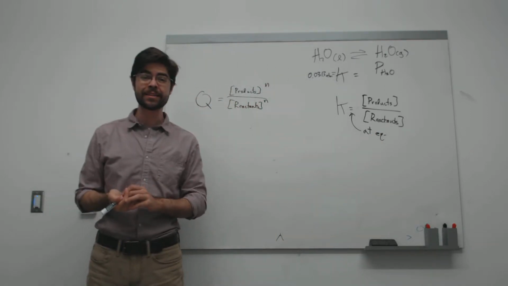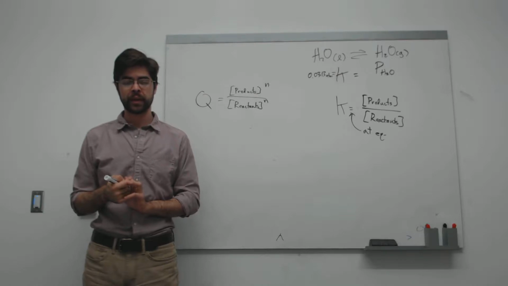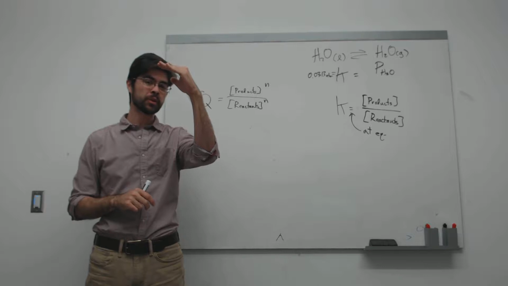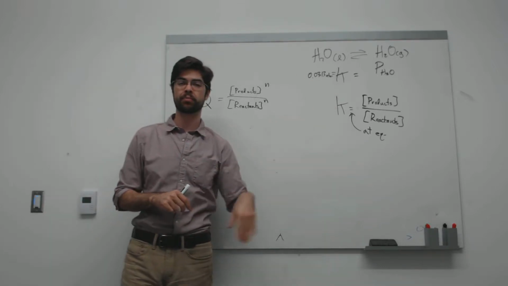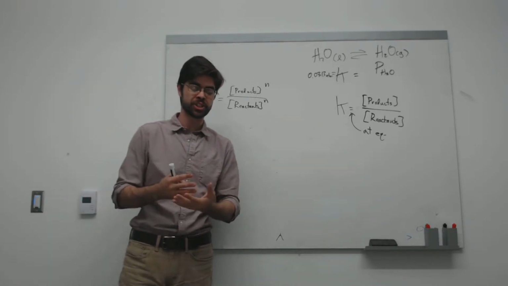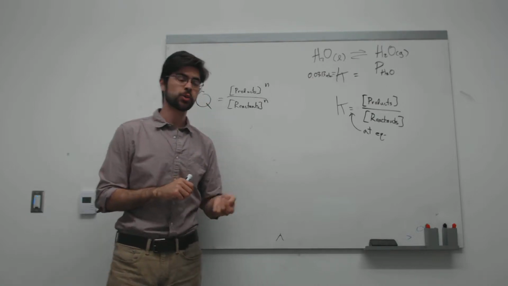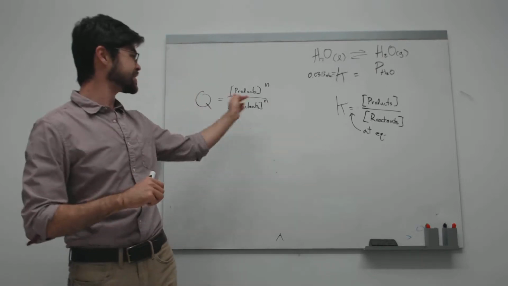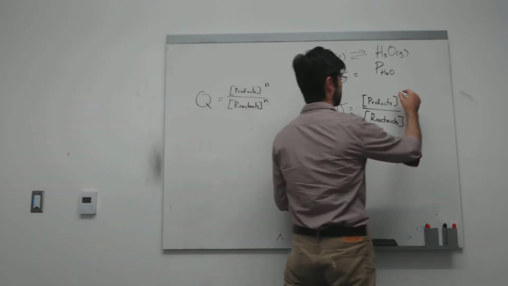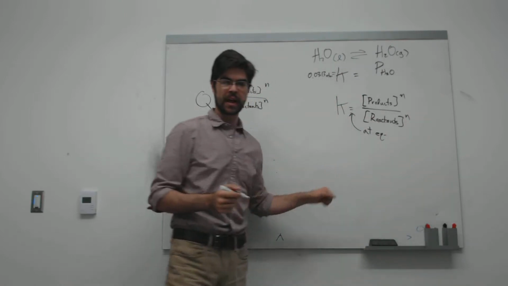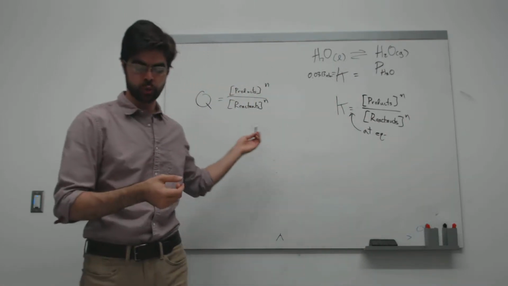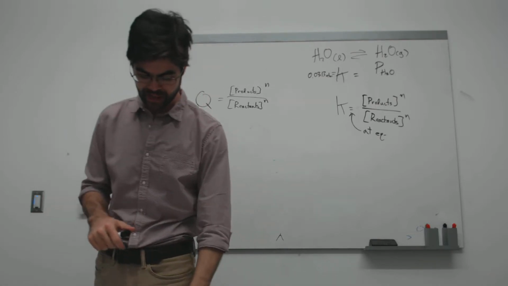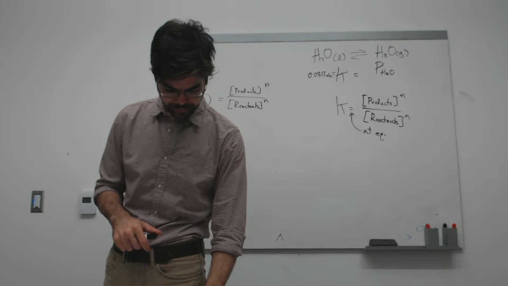Your system doesn't need to be at equilibrium, and a way of quantifying just how far away from equilibrium it is, okay, maybe I have too many products. How much is too many products? You can quantify that with a reaction quotient. So they have the same mathematical form, but they're referring to completely different concepts. We'll use the reaction quotient, again, as a way of quantifying how close a system is or is not towards equilibrium.